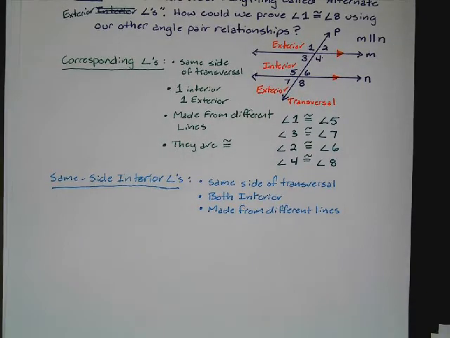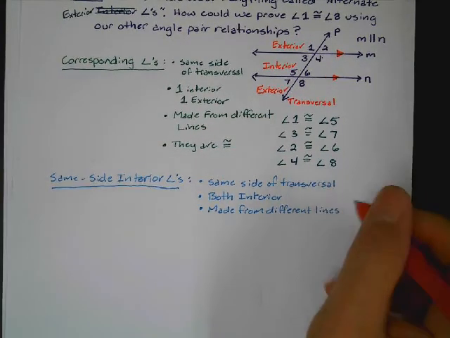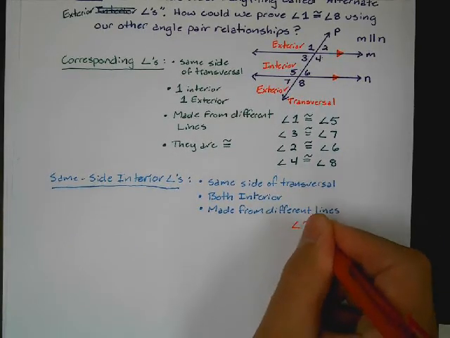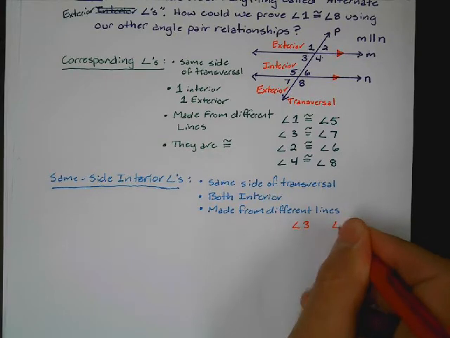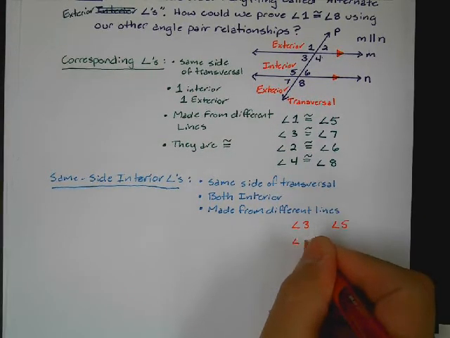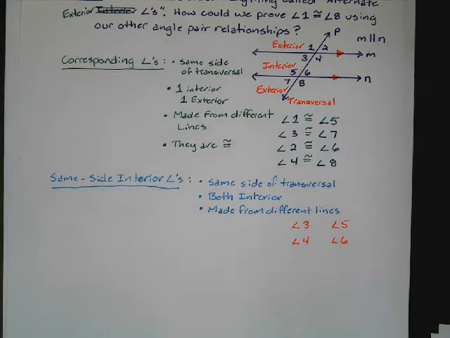So now we've got angle 3 and 5, and then angle 4 and 6. Now these ones are not congruent to each other.